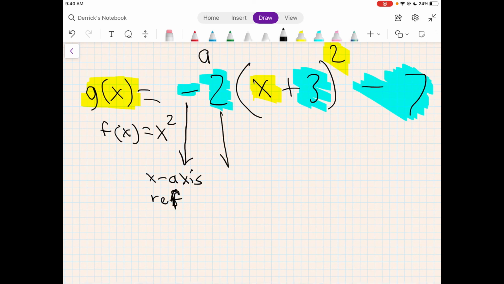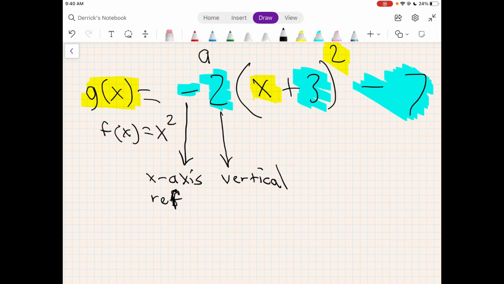The 2 then is its own separate thing. The 2 is going to help us determine whether we have a vertical stretch or vertical compression. We do know right off the bat that it's vertical because, again, it's in the a value spot. If it was inside the parentheses but still before x, that'd be a b value. Then we'd be looking at horizontal stretches or compressions.